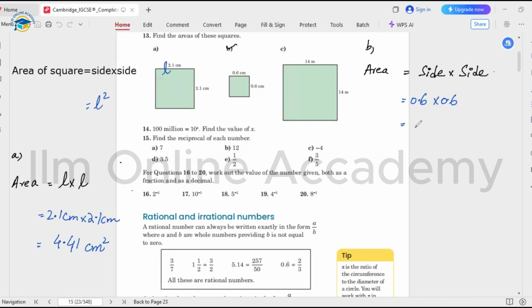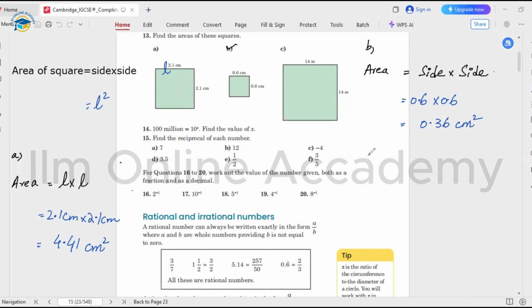Again, if you want to multiply 0.6 times 0.6, you can multiply just the way I multiplied 2.1 times 2.1. Otherwise, here we can multiply directly as well, because I know that 6 times 6 is 36, and there are two numbers after the decimal point. So directly we can write 0.36. This one as well has the unit centimeter, so you can write the answer in the form of centimeter square.